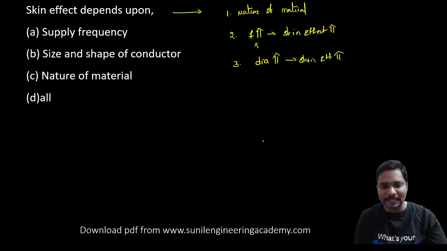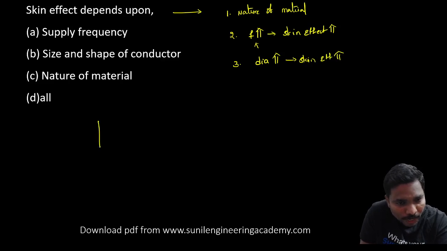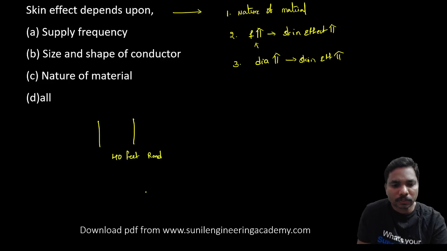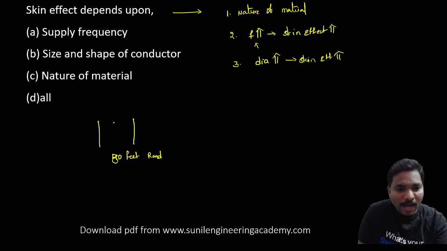Okay, simple idea, guys. For example, we have an 80 feet road. In this case, we may have a divider, correct? Here may be 3 lines.